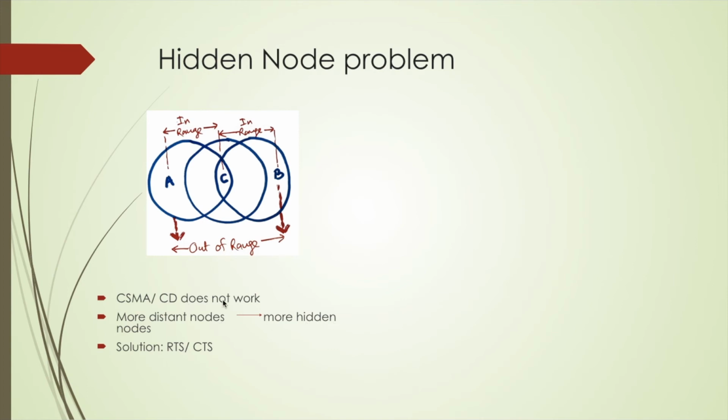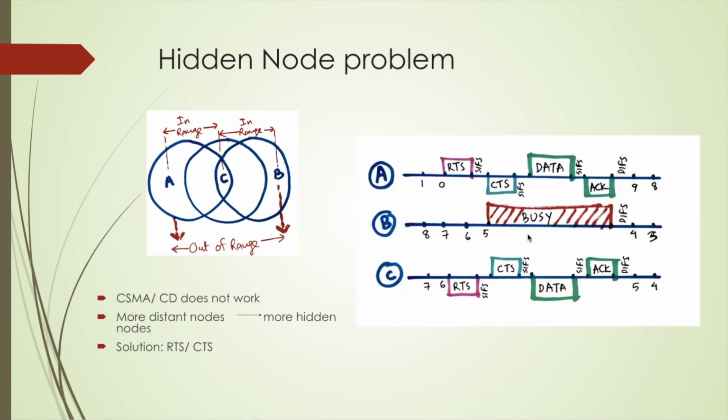In this situation, if A and B cannot hear each other, there will be collision, and this collision cannot be detected. So the hidden node problem occurs with adding more and more nodes, and also with increasing the distance between nodes.